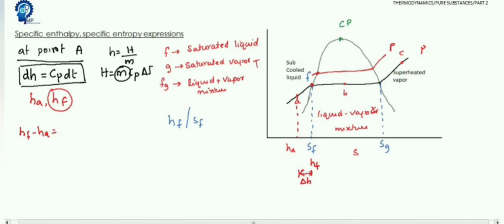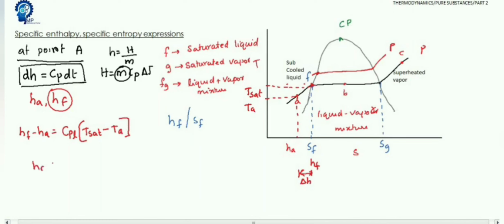So HF minus HA equals Cp dT. Here Cp is Cpl, that is the specific heat at constant pressure for the liquid region, into delta T. The temperature change: this point is the saturation point, so this temperature is the saturation temperature, Tsat minus the temperature at point A, Ta. So HF minus HA equals Cpl into (Tsat minus Ta).